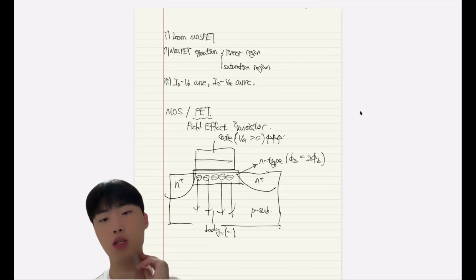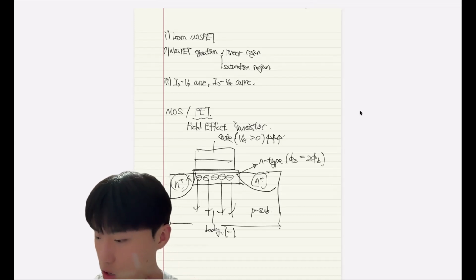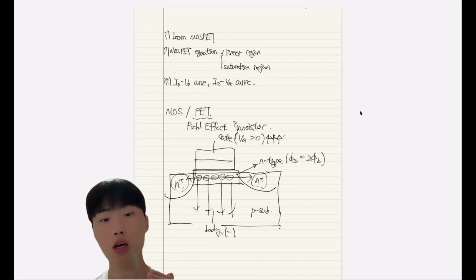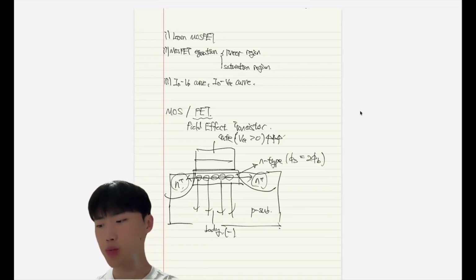Yes, there will be a channel, and we say the n plus regions are now connected. But don't be confused, because there is no current flowing, since we haven't learned about the source and drain yet.